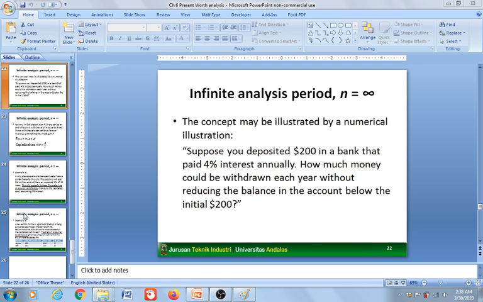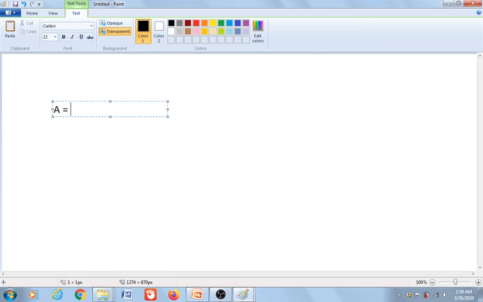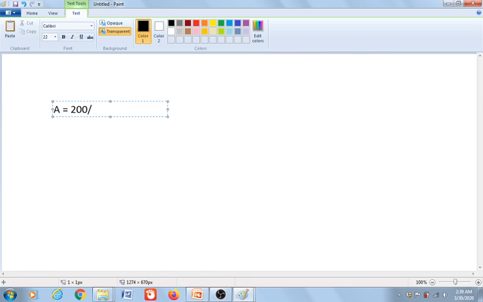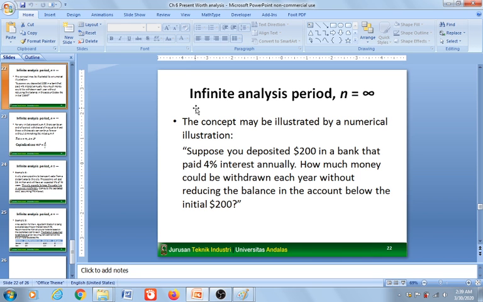So the amount of money that you can take from your deposit every year is A, and that will equal 200 times 0.04, or $80. So you can take $80 every year from your account, and still the balance of your account will be $200.